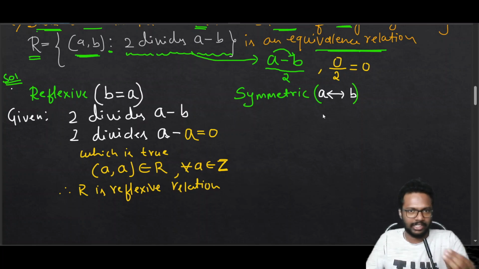If the given relation is still satisfied, then R will be a symmetric relation.